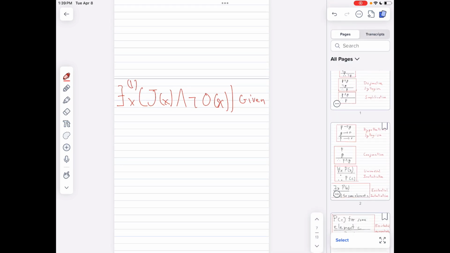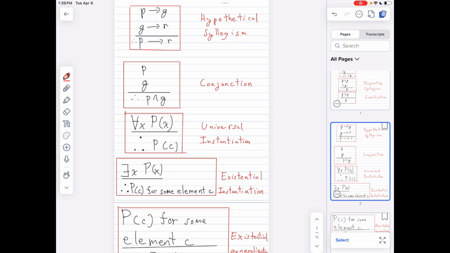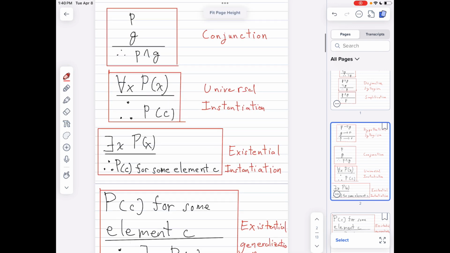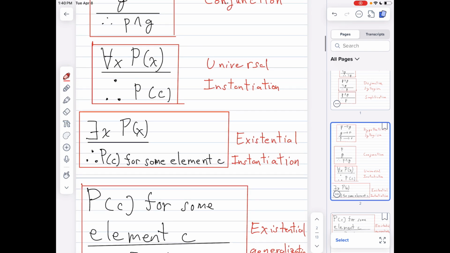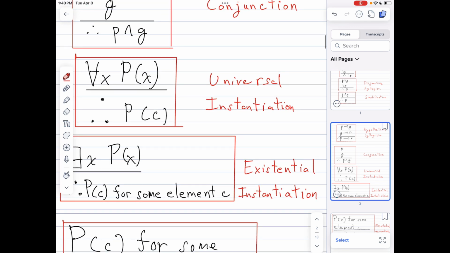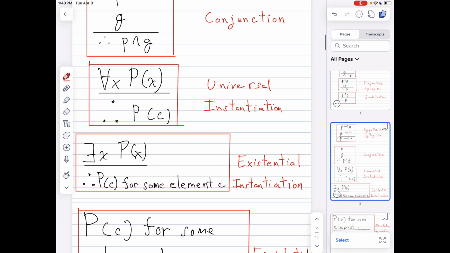If you notice, we have a there exists in that statement. There's an existential instantiation rule of inference, which says: there exists x, P of x, therefore P of c for some element c. Basically, if a statement holds for there exists someone, then there's someone specific for whom that holds.